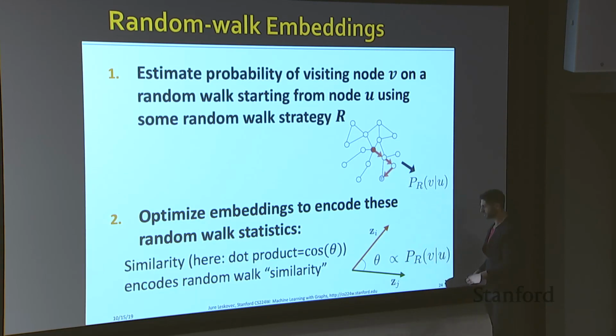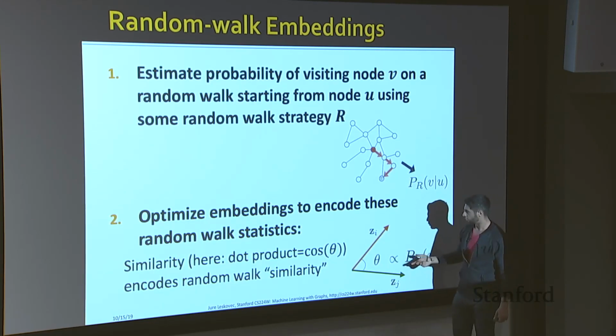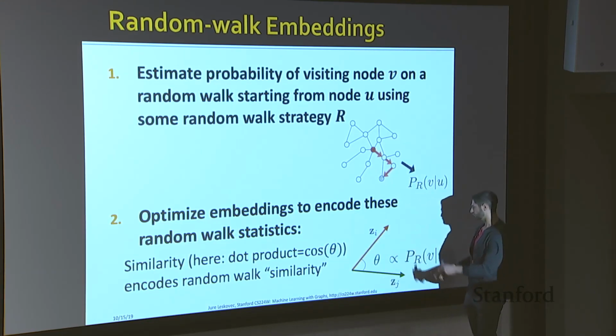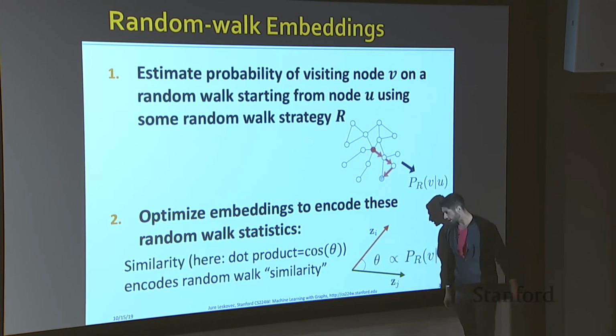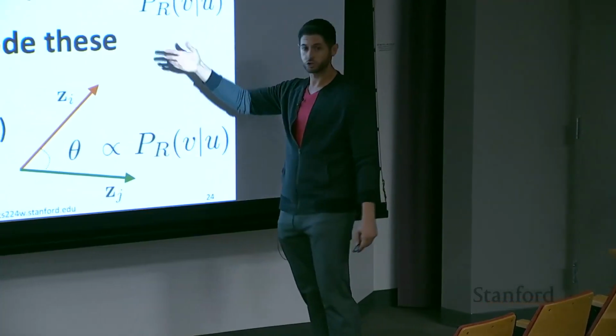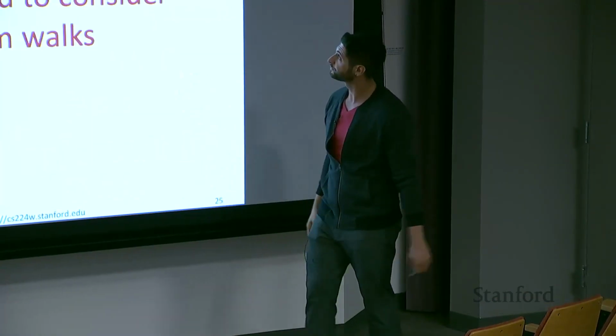So if they co-occur in the same random walk, then, for instance, the dot product, or the cosine of the angle of the two vectors representing those nodes, has to be as close as possible to 1. This is how we go from the general shallow embedding framework that we talked about at the beginning to actually implementing it with random walks.